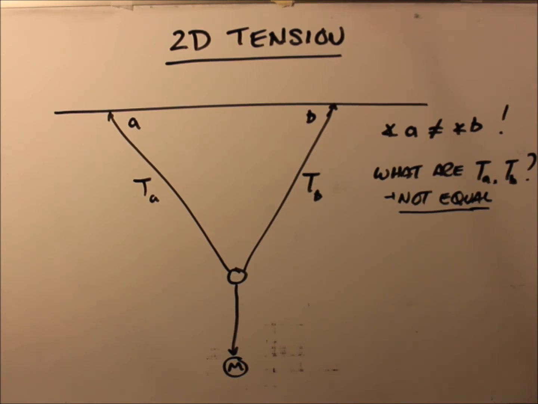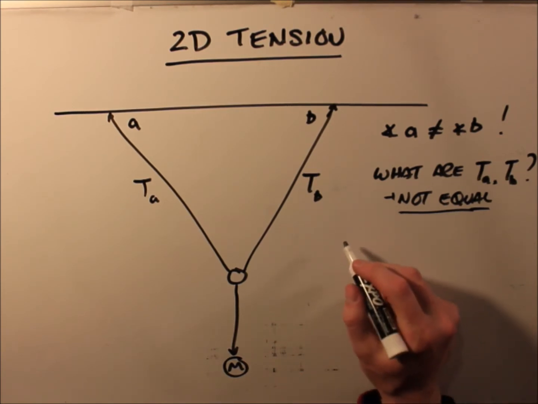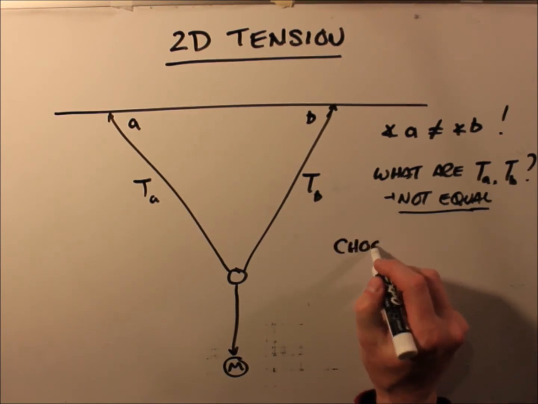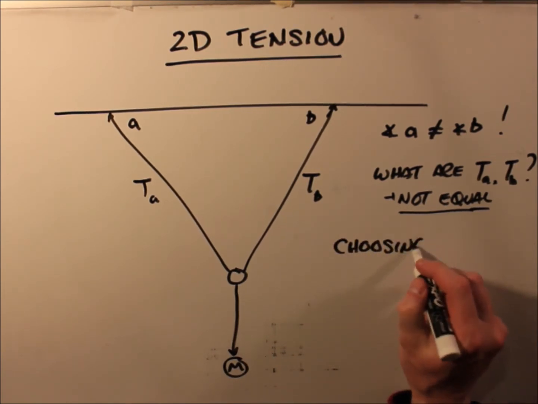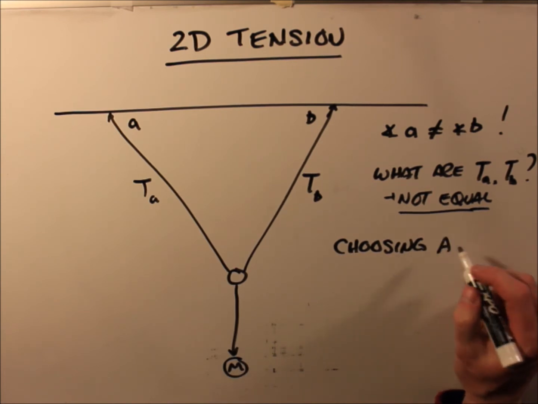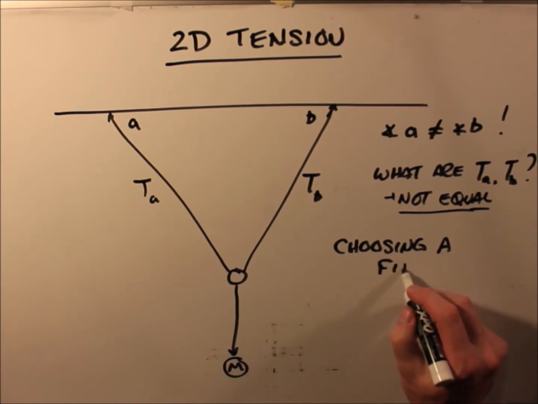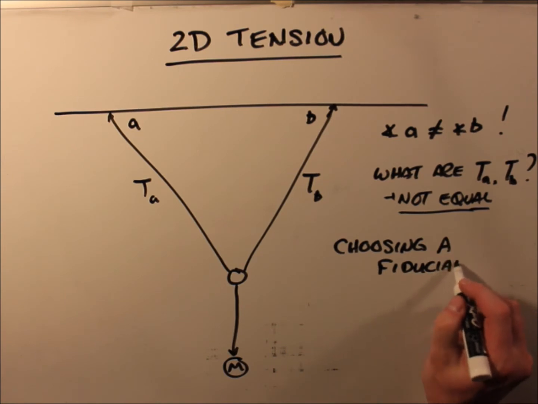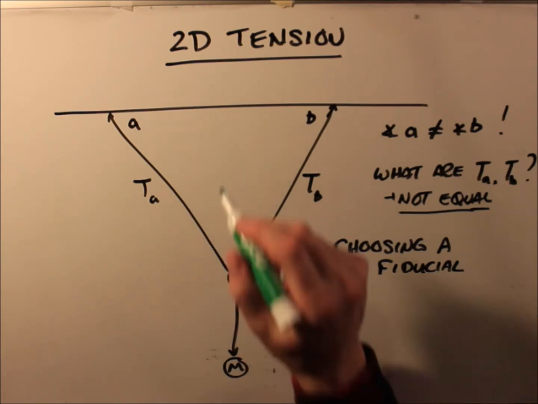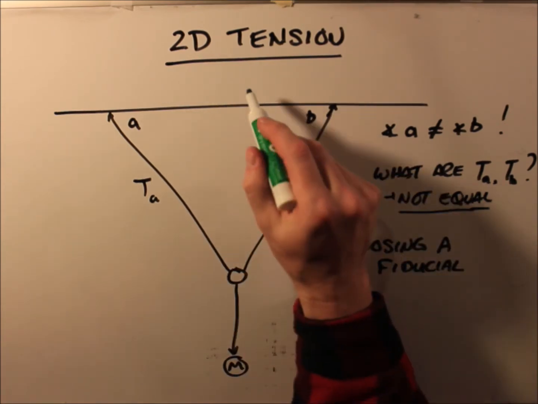Now, one of the most important problems here is choosing a fiducial. And the neat part about it is that it doesn't matter which one, but you have to be careful. So let's look at it. We have three logical positions upon which to choose. Let's use some Greek letters.